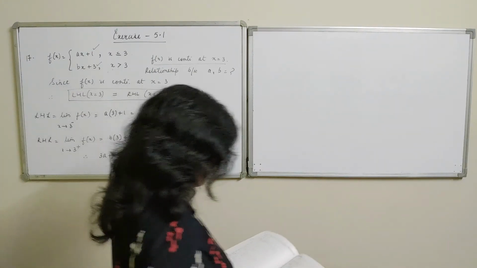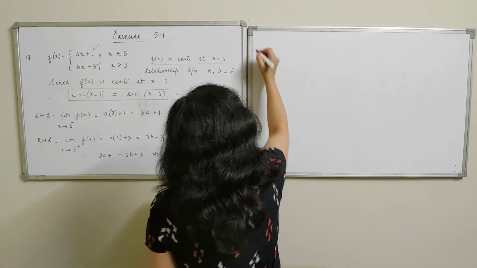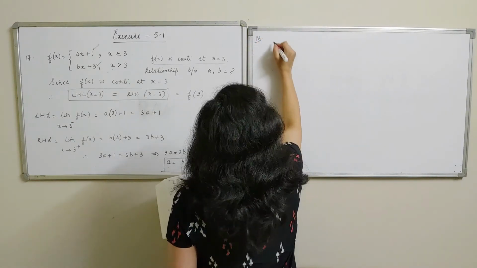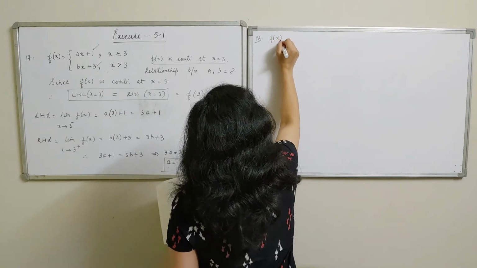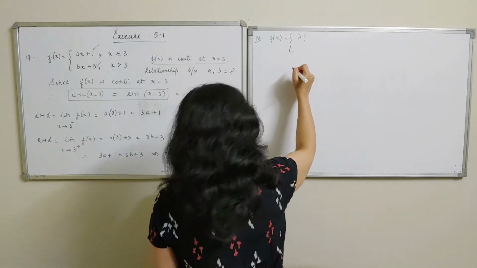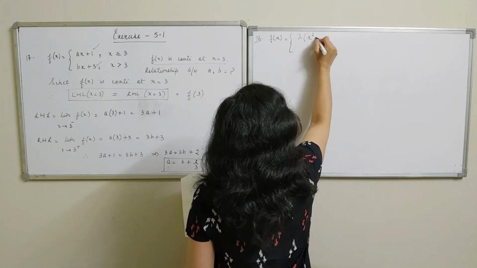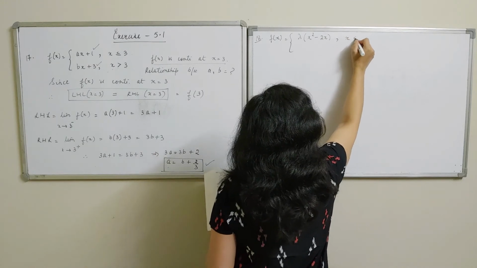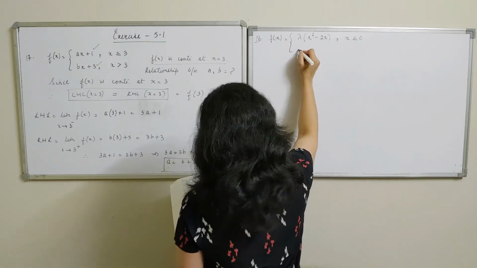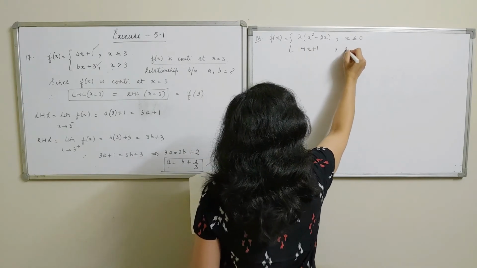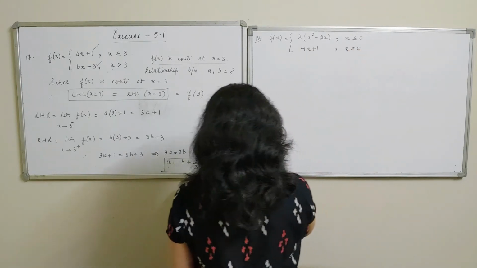Okay, next we will try here question number 18. Function f(x) is defined as lambda times (x square minus 2x) if x is less than or equal to 0, and it is defined as 4x plus 1 when x is greater than 0.